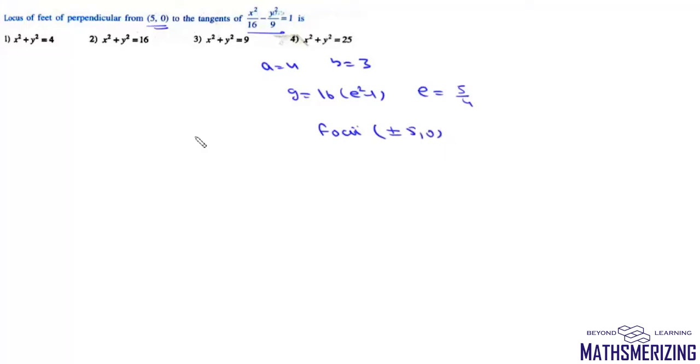Now we know that foot of perpendicular drawn from focus upon any tangent will lie on auxiliary circle. So that's a standard result. So answer to this question will be equation of auxiliary circle to this hyperbola. And equation of auxiliary circle is x square plus y square equals a square. And a square in this case is 16. And that's your option number 2.